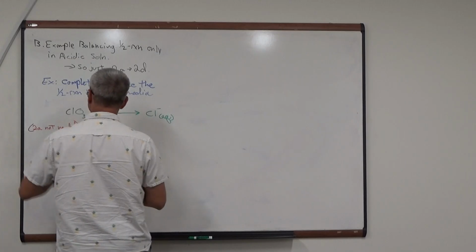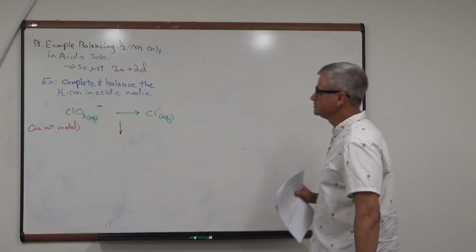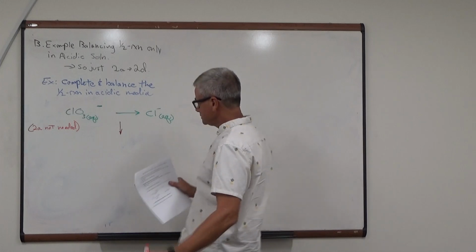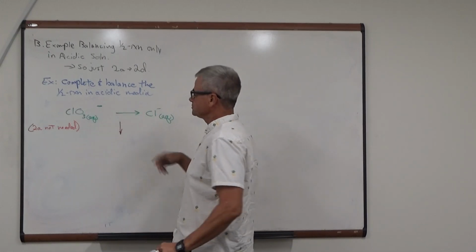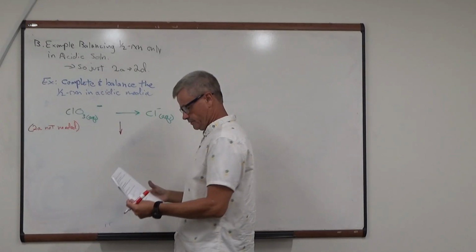All right, so what we now need to do is balance the oxygens by adding water. So we'll add waters to this side because that one has 3 oxygens, there's no oxygens over here.